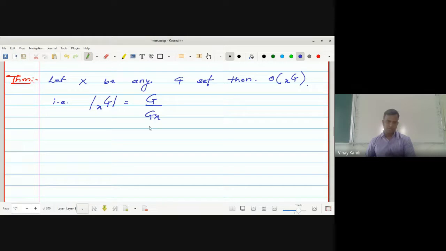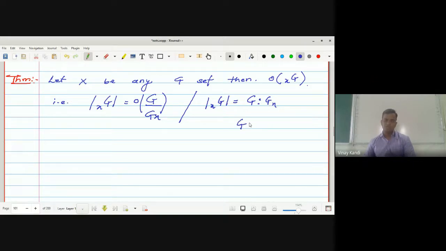How will we read it? Index of gx in g, or order of gx is equal to what? Order of g upon gx, that is the index of gx in g.